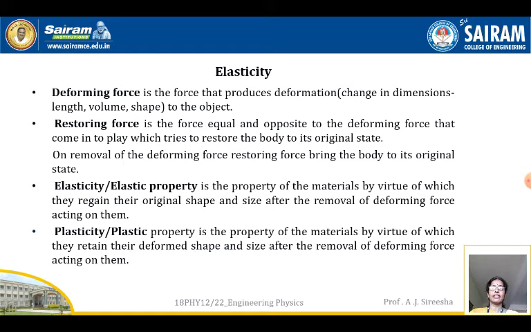On removal of the deforming force, restoring force brings the body to the original state. This is like action and reaction. Restoring force is nothing but a reaction to the deforming force. After the deforming force has been removed, because of the restoring force, it tries to come back to the original shape.